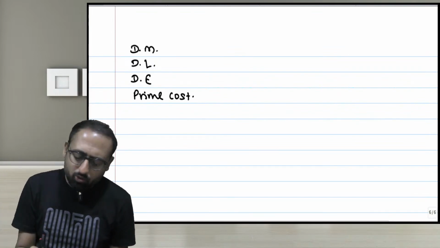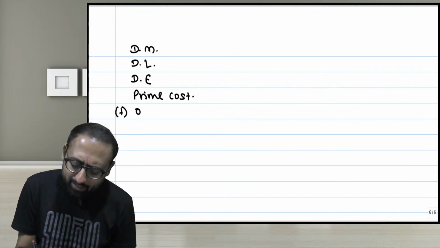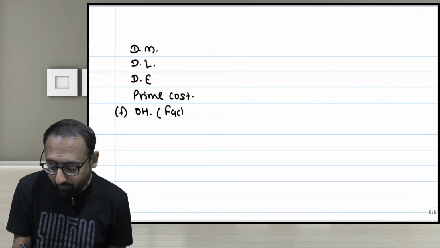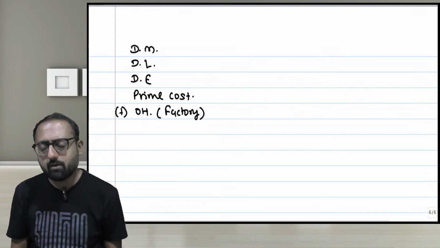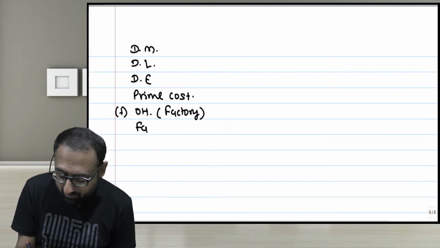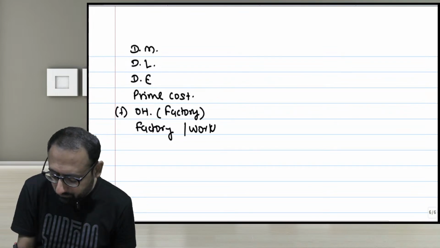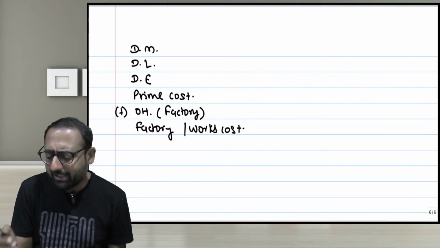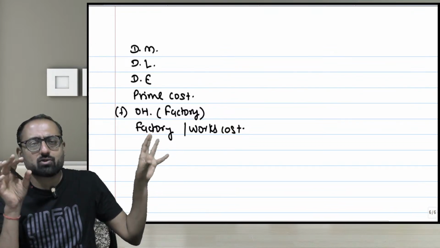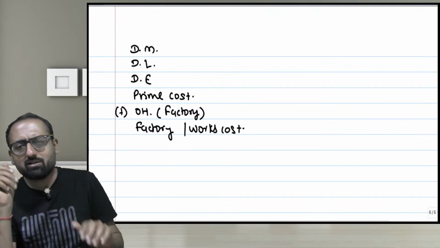In that prime cost, you will have to add factory overheads, production overhead, manufacturing overheads. Now it will be your factory cost or your works cost. I am not going into the detail of that costing topic because here we will get gross works cost, gross factory cost. So detail will be discussed later.